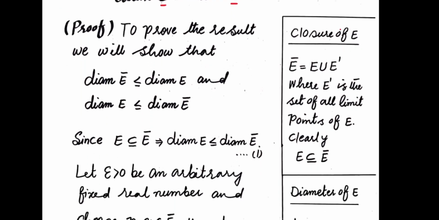What is the closure of a set E? For any set E, its closure is given by the union of two sets E and E dash, where E dash is the set of all limit points of E. What does limit point mean?